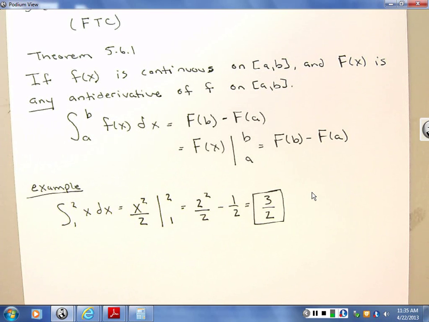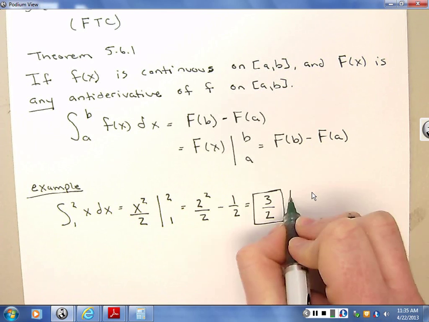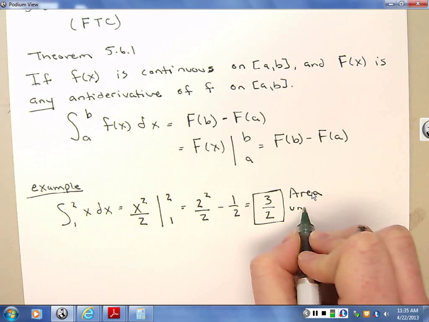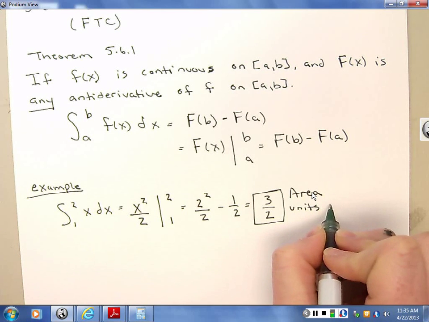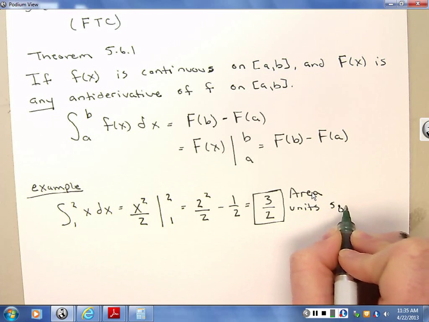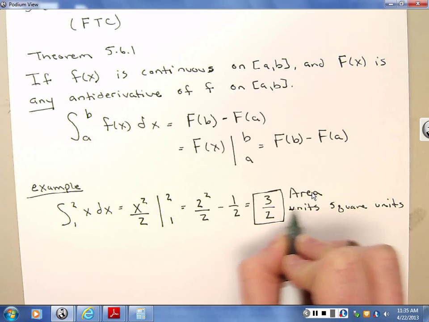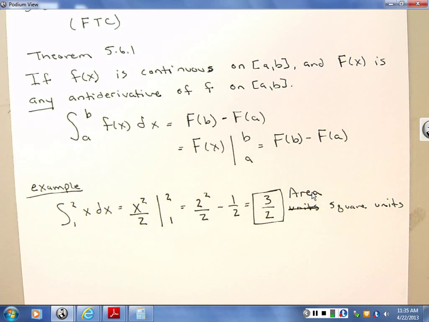And that's the power of the calculus, right? What's that 3 over 2? It's the area, right? So it might have some units squared or square units. However, in calculus, we just focus on the technique and not what it means.